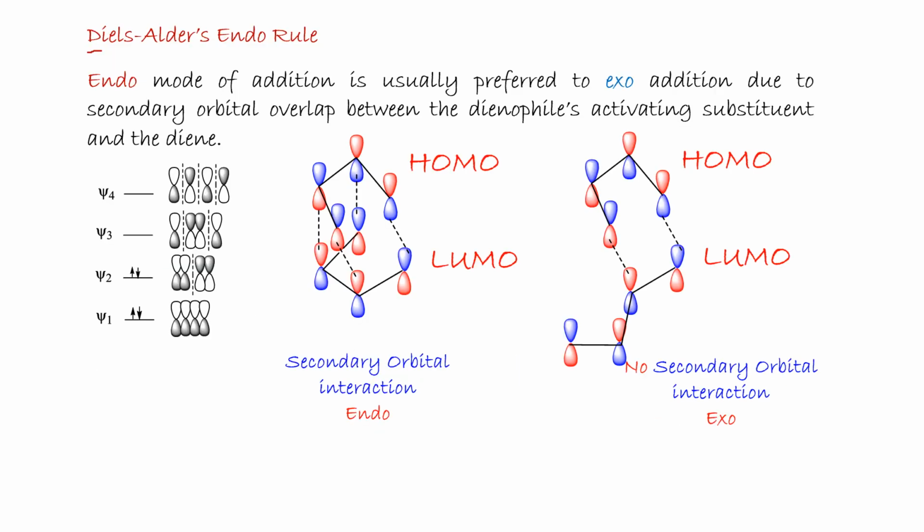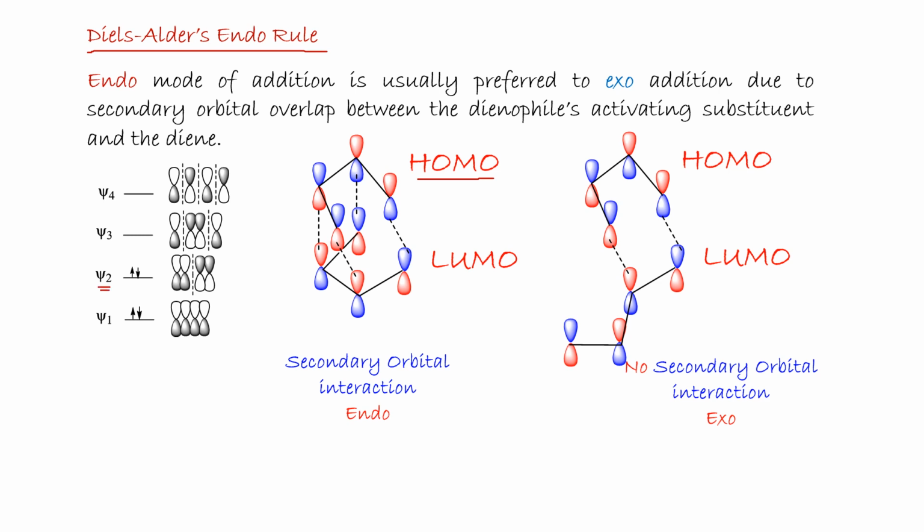Diels-Alder's endo rule. The endo mode of addition is usually preferred to exo addition due to secondary orbital overlap between the dienophile's activating substituent and the diene. Well, look at the HOMO of the diene.